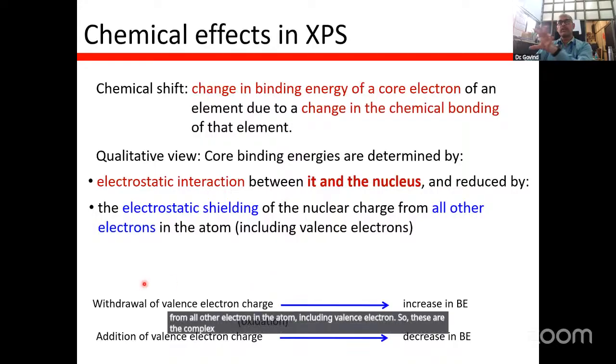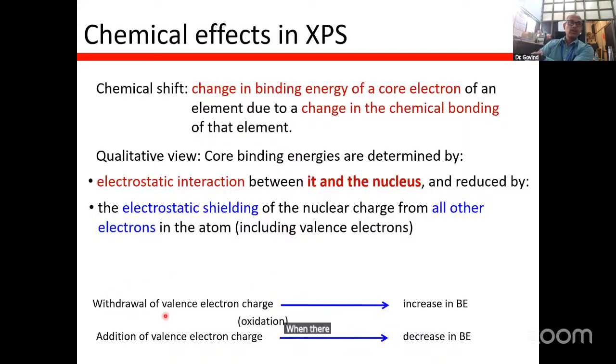These are complex terms, but in simple language, when there is a withdrawal of a valence electron, that is called oxidation, and your binding energy increases. So when you see your peak has shifted a little bit, you have to understand that oxidation has occurred. And when there is an addition of valence electron charge, there is a decrease in binding energy.